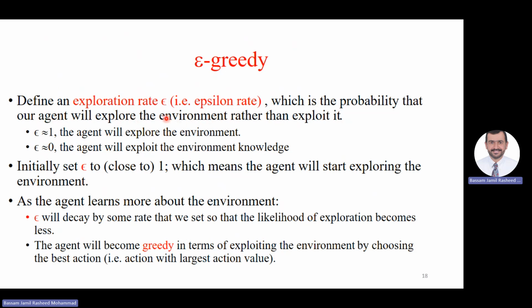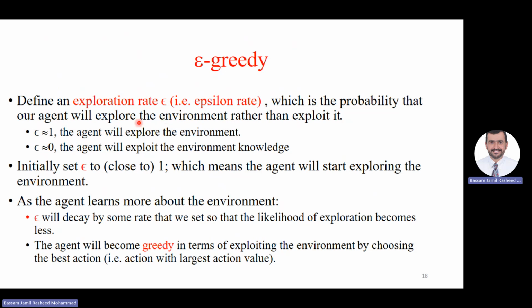If we set epsilon to 0.99, it means when I take an action, 99% of the time the action will be picked randomly, which is good at the beginning of the simulation. But if epsilon is 0.1, when I take my next action, then 10% of the time it will be random, and 90% of the time I will pick the action with the maximum action value.